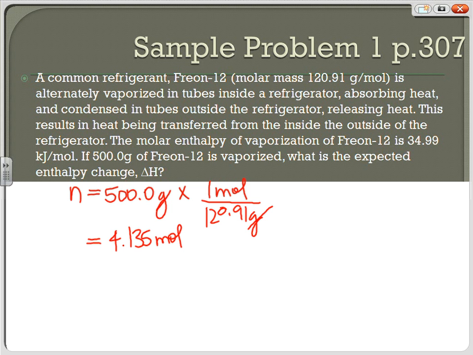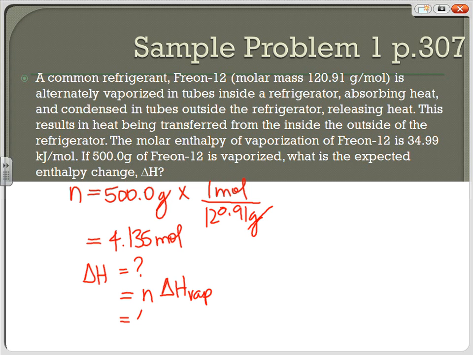So I know how much energy is needed to change 1 mole of Freon 12 from a liquid to a gas. But I don't have 1 mole in this case. I have 4.135 moles. So what is my enthalpy change? Delta H. That's what I'm trying to find. I'm going to use my n delta H, and instead of X, I should write that it's a vaporization reaction.